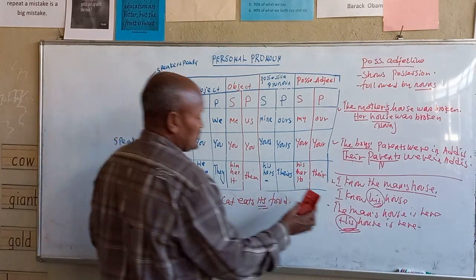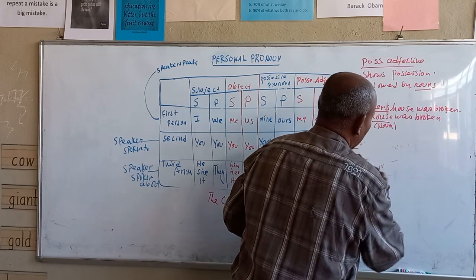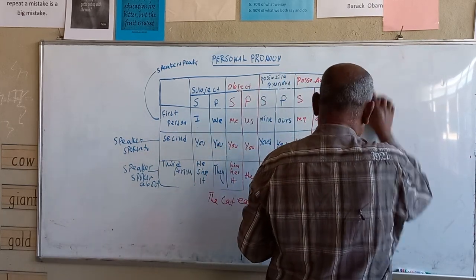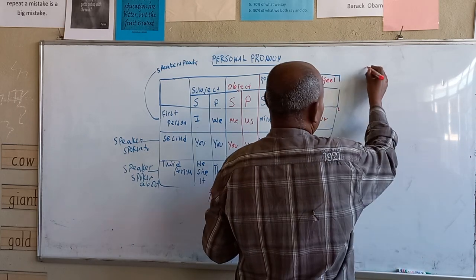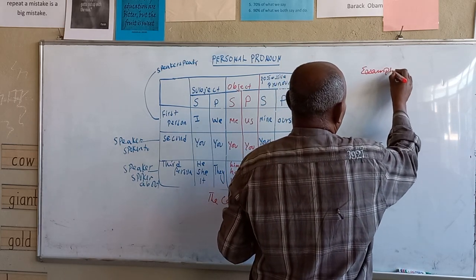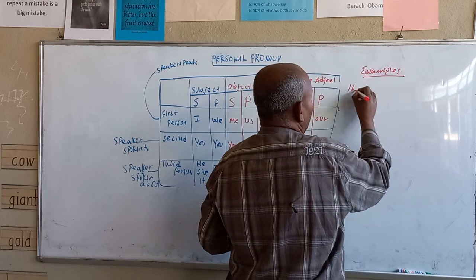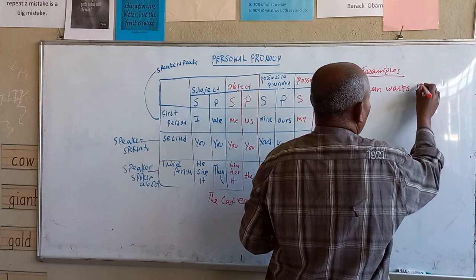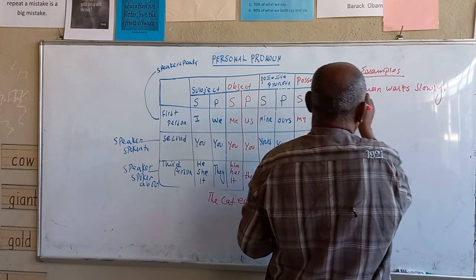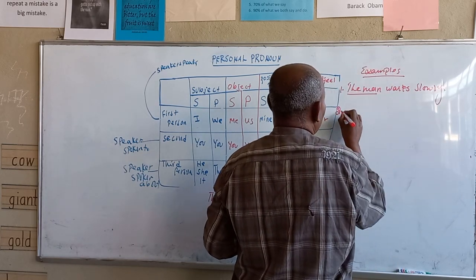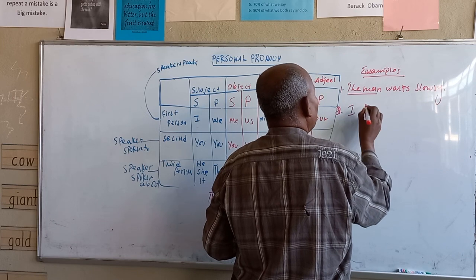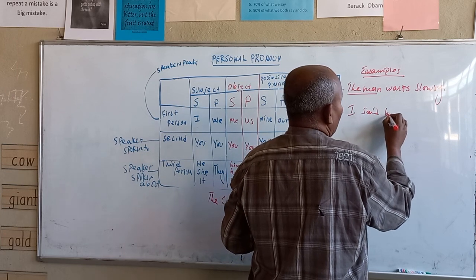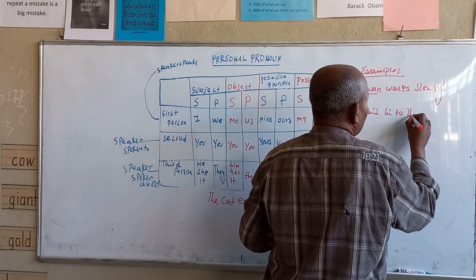Great. So let me give you some exercises on how to substitute these nouns with the correct personal pronoun. Examples here. The man walks slowly. The underlined word is here. And here, I said hi to the woman.